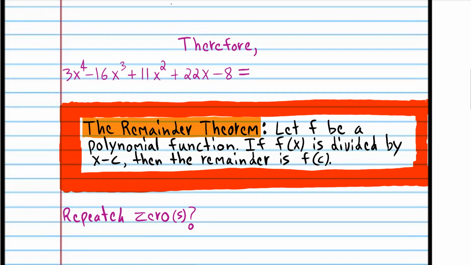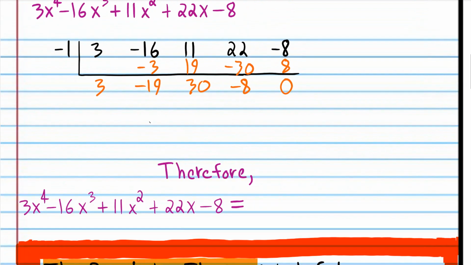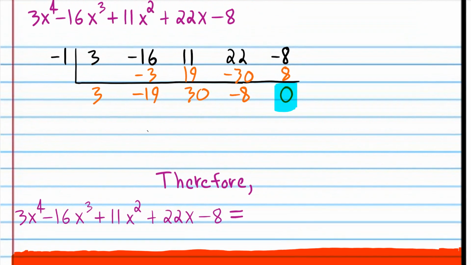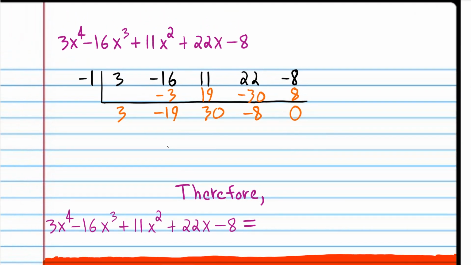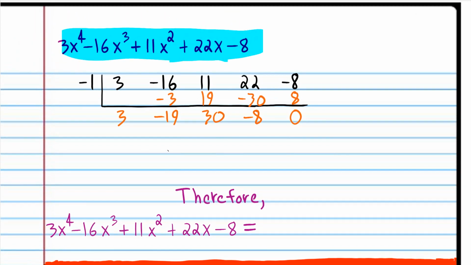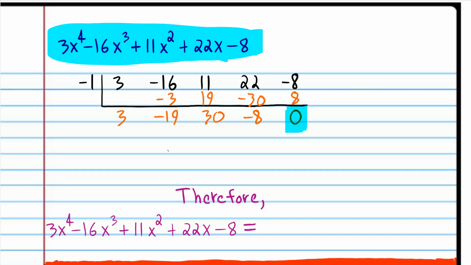So you don't really have to worry about the proof of this theorem, but what that simply means is that our remainder should be the value that you get in the function or the polynomial when you plug in -1. So we know when we plugged in -1 to this polynomial, we got 0.